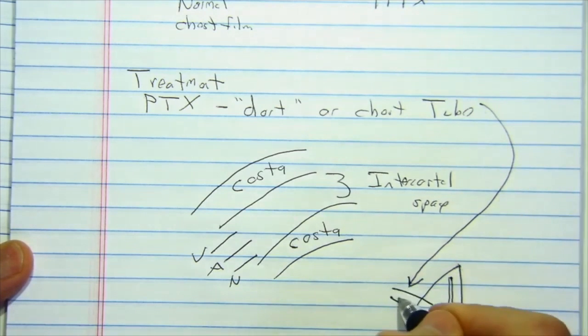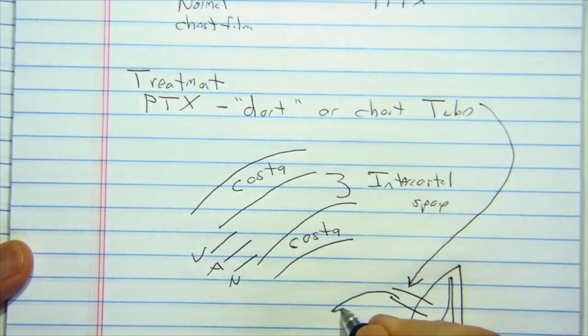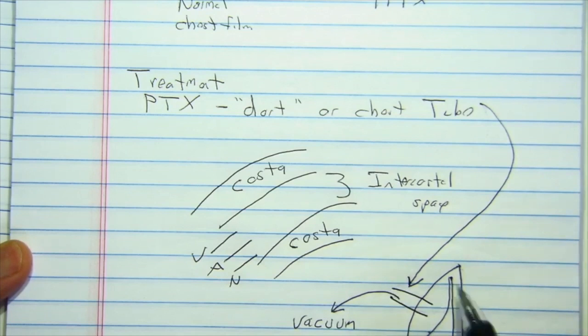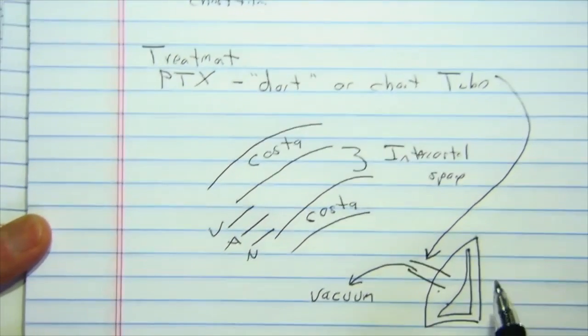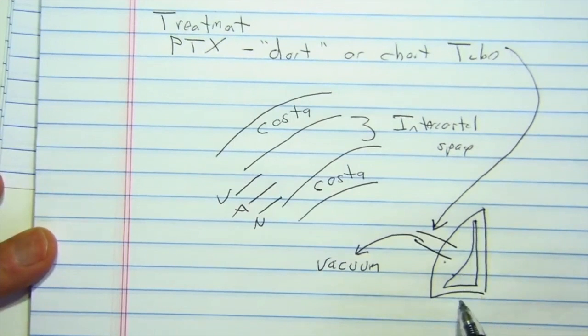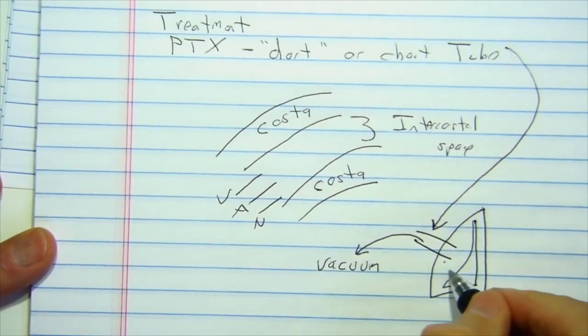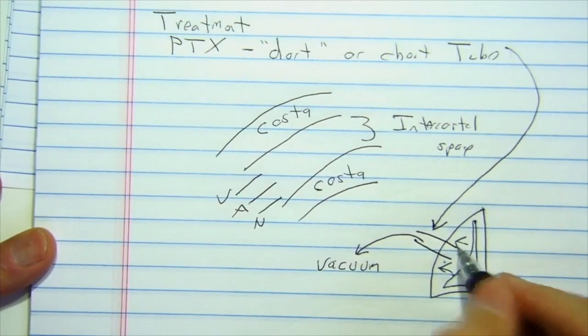Now I'm going to attach that to vacuum, and that vacuum is going to evacuate the air with what's called a thoracic vent, slowly evacuating that air and literally re-inflating the lung.